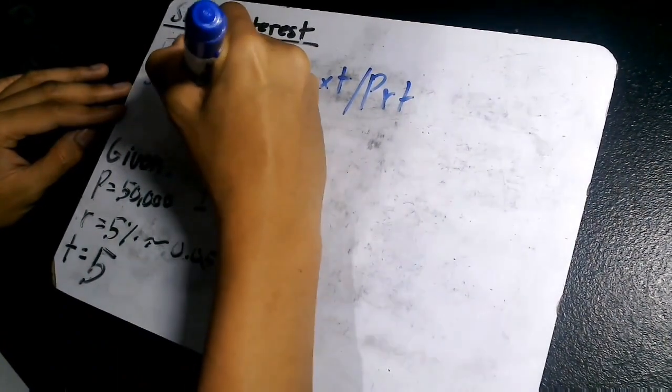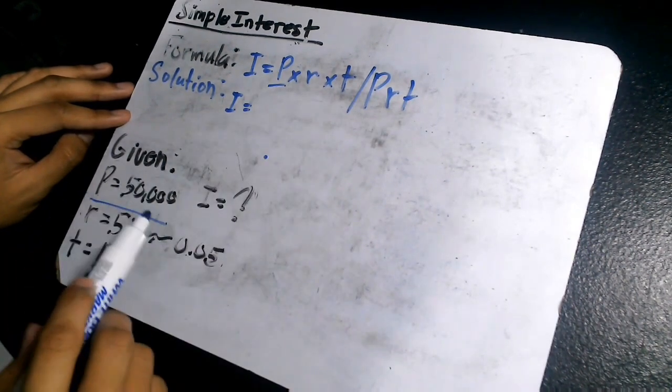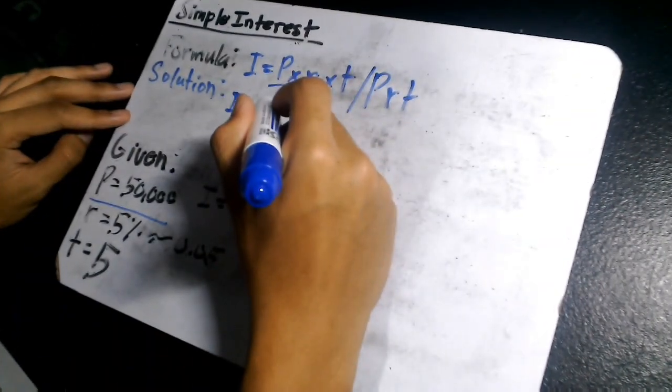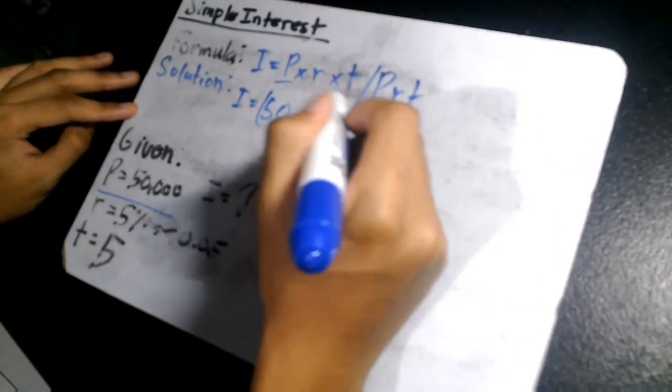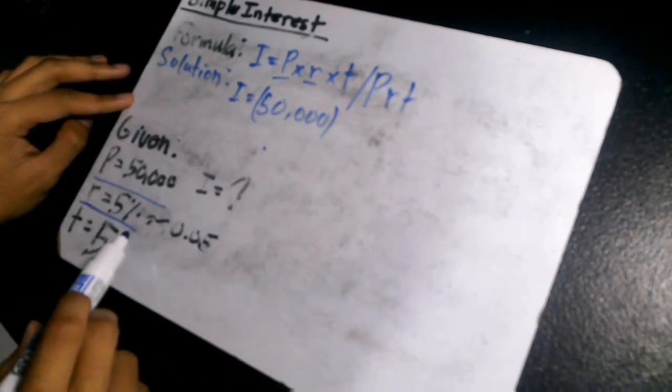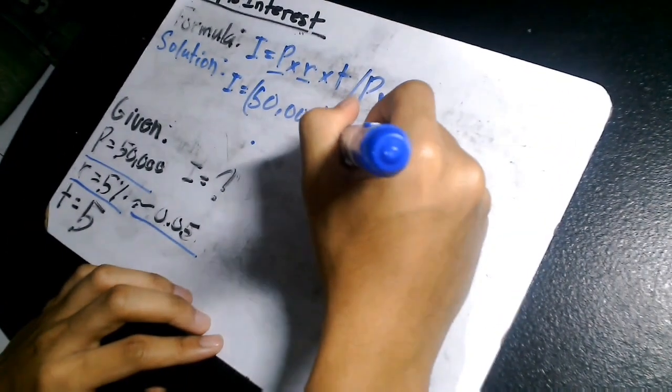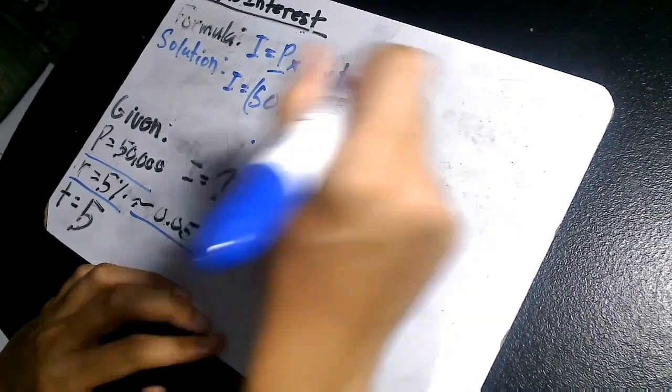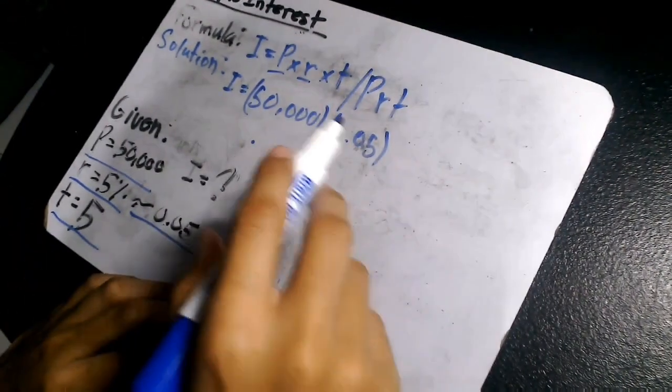Solution will be I equals P, this one, 50,000, times R, this one, 5%, which was converted to 0.05, and T, which is time, which is equal to 5.